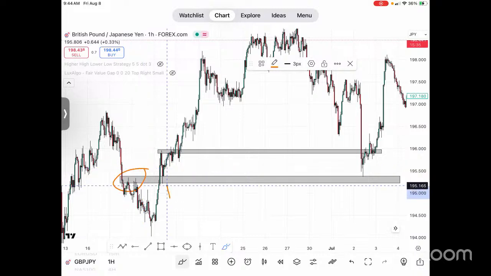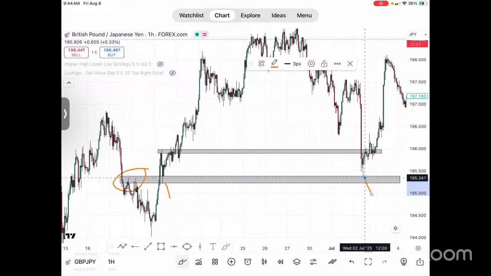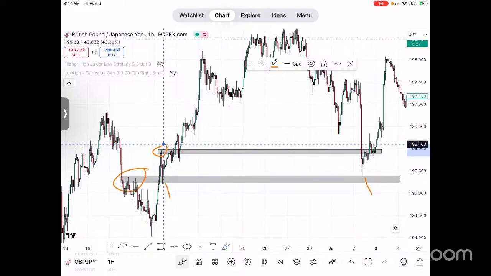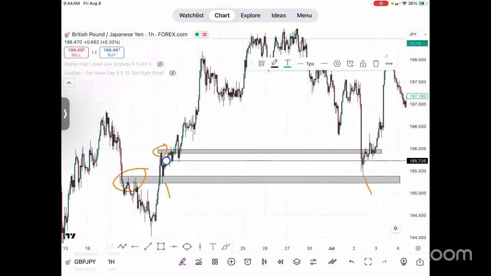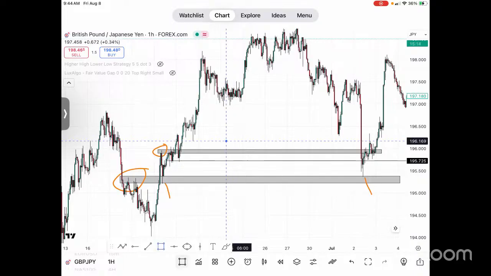See how this turned to support? Now, when price came back into that gray zone, it just found a deeper support level, which was down here.